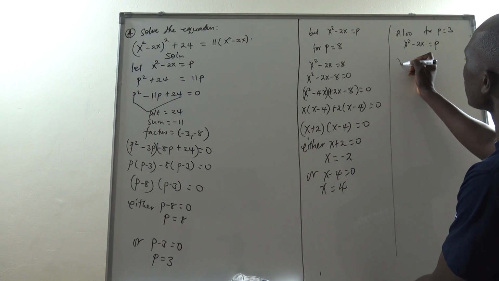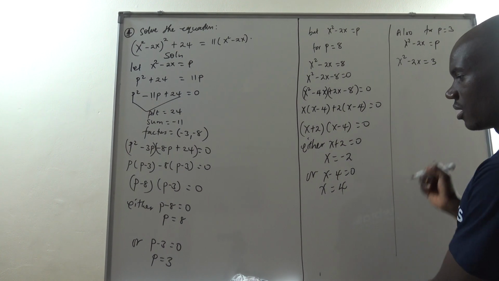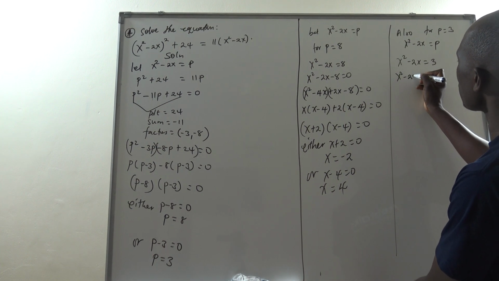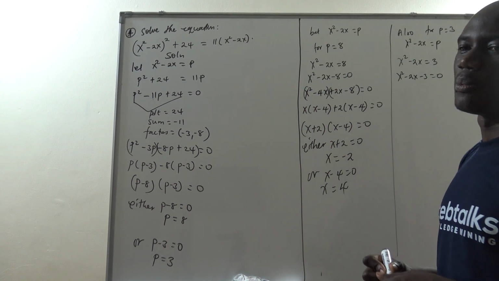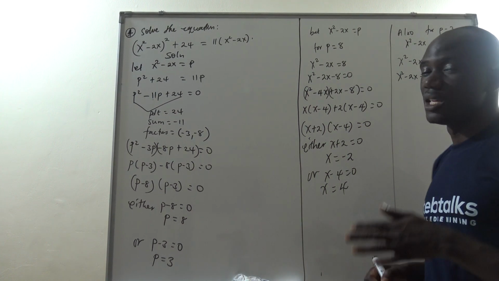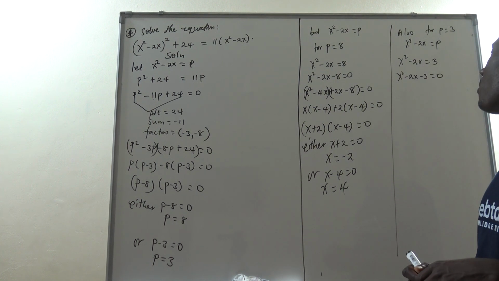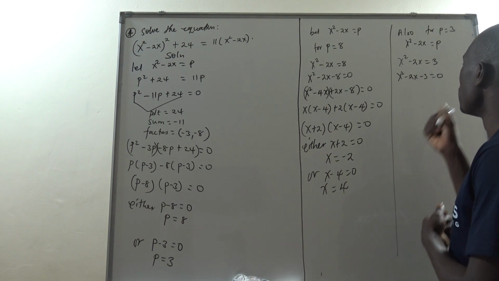So we are substituting again, we get x squared minus 2x equals 3. So we are getting x squared minus 2x minus 3 equals 0. Still, what is our product? It is negative 3. The sum is negative 2. Look at the factors. We have got a negative 3 and a positive 1.